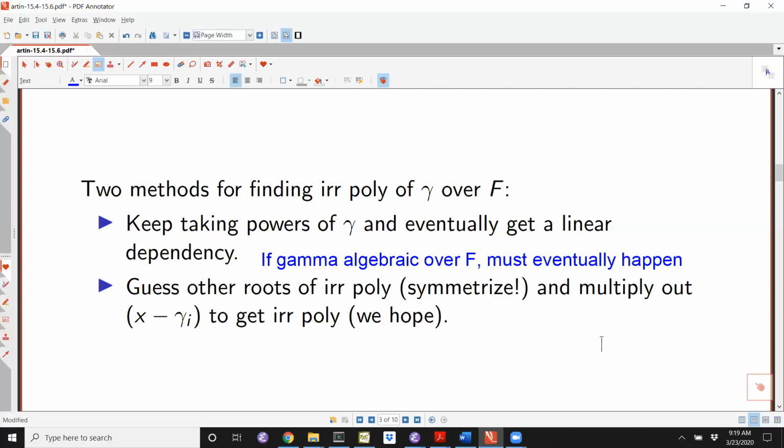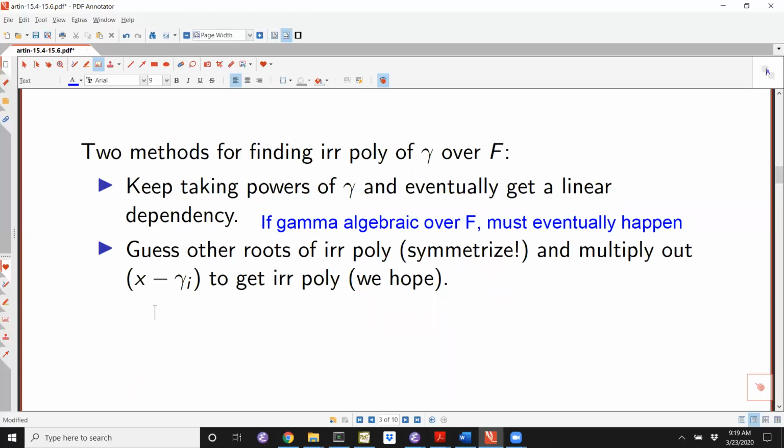Another method that works occasionally is that you can symmetrize: guess the other roots of what we hope is the irreducible polynomial, and multiply out the linear factors x minus gamma sub i to get what we hope is the irreducible polynomial.